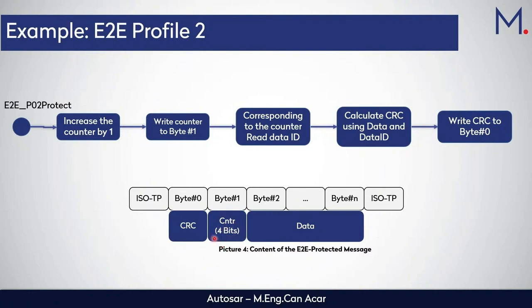Let's say if we see 1, the next time we should see 2. But if we see 1 again, then it's a problem. It's a repetition. If we see 3, then it means it's jumping. The counter value is jumping from one value to another. And with CRC, we are able to detect if this data is corrupted or not.